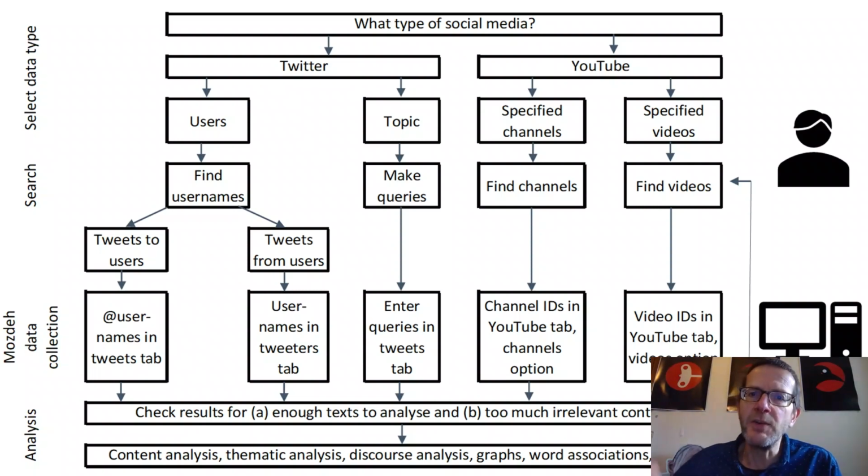On the other hand, if you're interested in YouTube, then you either need to find channels that are relevant to your interests. For example, you might find cooking channels or sports channels or news channels that are relevant to your research topic. Or if you want to pick particular videos, then you would need to find a method of discovering which videos are interesting to you.